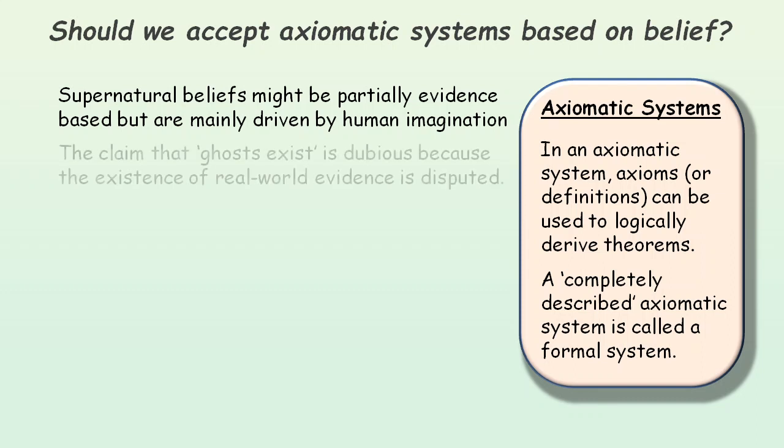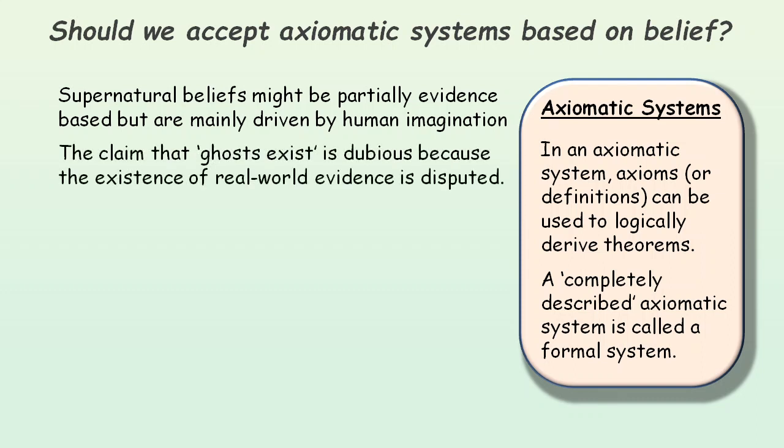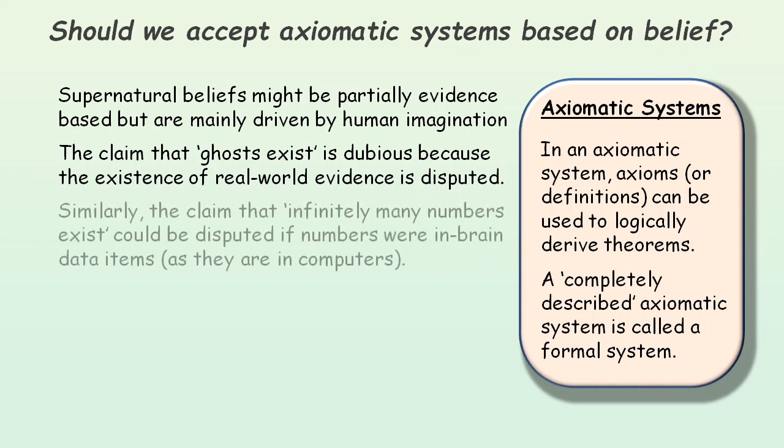And supernatural beliefs, like ghosts exist, can be disputed and debated on the basis of real-world evidence. Similarly, if numbers are in-brain data items, just like numbers physically exist inside computers, then on the basis of real-world evidence, we could dispute the claim that infinitely many numbers can be said to exist.